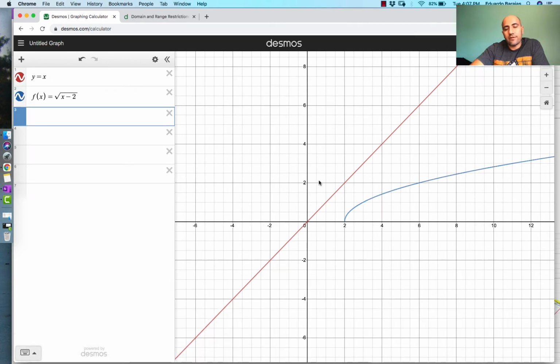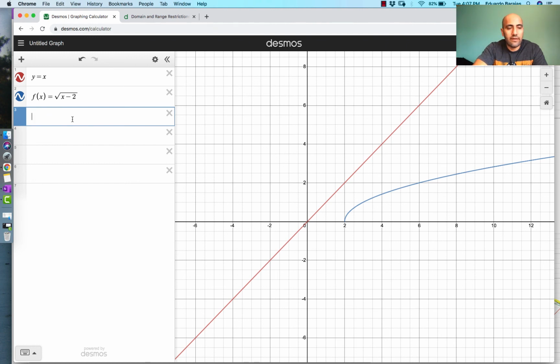And its inverse function is going to be a graph which reflects about the line y equals x. So if the point 2, 0 is in the function of f of x, its inverse function is going to start off at the point 0, 2, and it's going to have a shape that reflects this way. So unfortunately, I'm going to have to cheat a little and type in the equation.